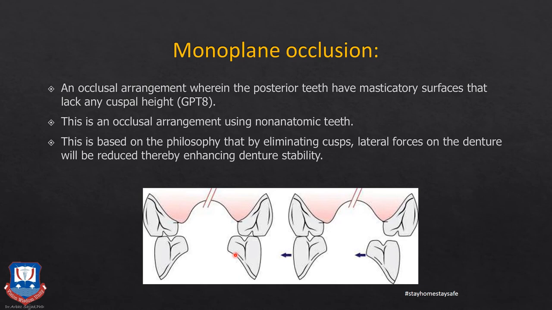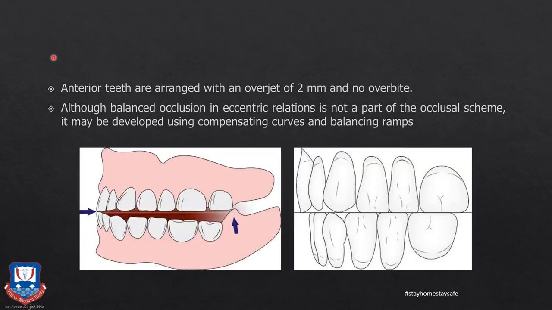So this is not an ideal occlusal scheme, but in certain situations we prefer to use monoplane occlusion. The anterior teeth are arranged with an overjet of 2 mm and no overbite, as overbite will cause disclusion of the posterior teeth and will increase the instability of the denture.